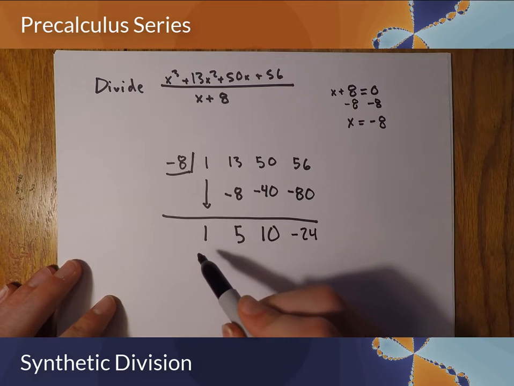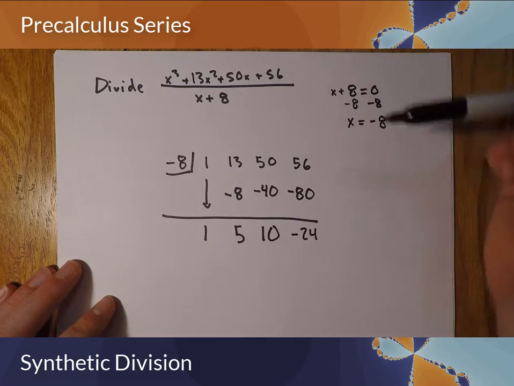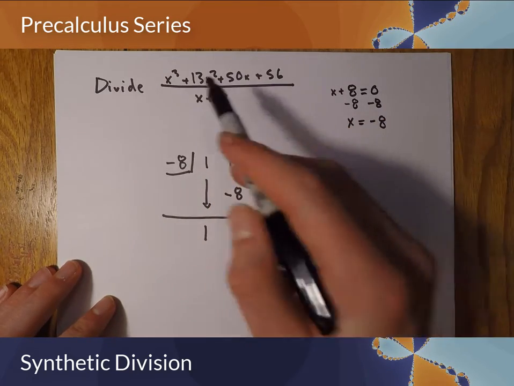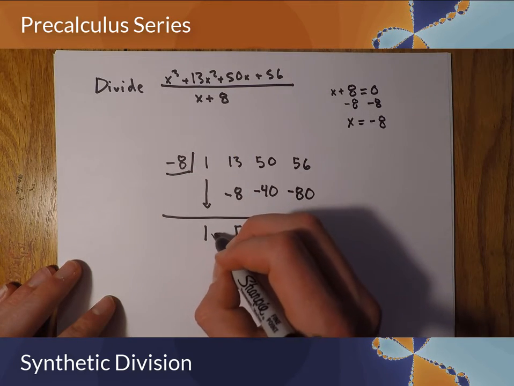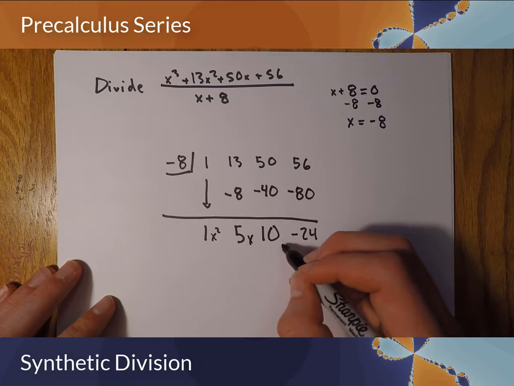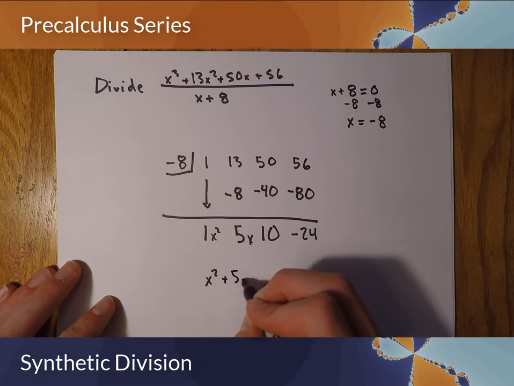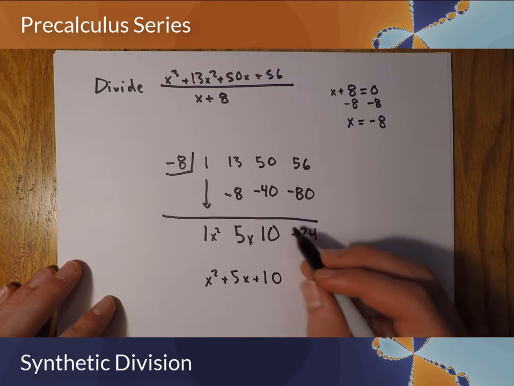And so now you have the coefficients of your solution, and it's 1 degree less than the leading coefficient on top. So you have 1x squared plus 5x plus 10, and so there you go. So x squared plus 5x plus 10, and now this -24 is your remainder.